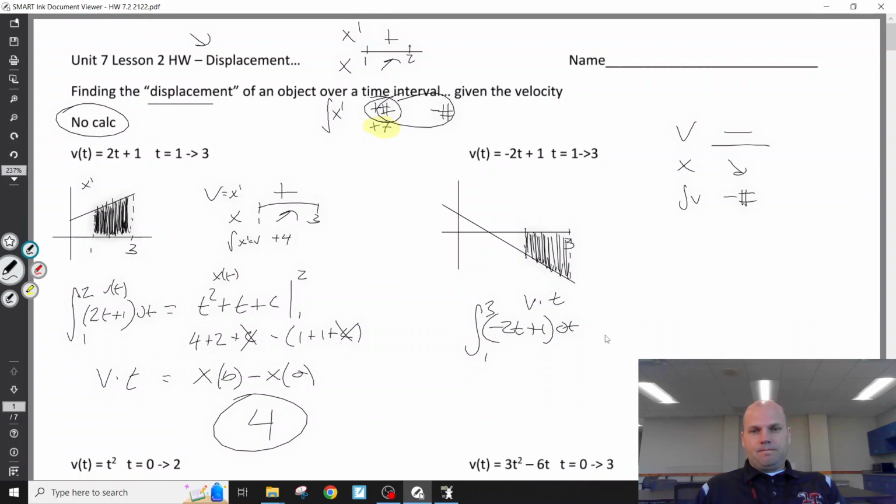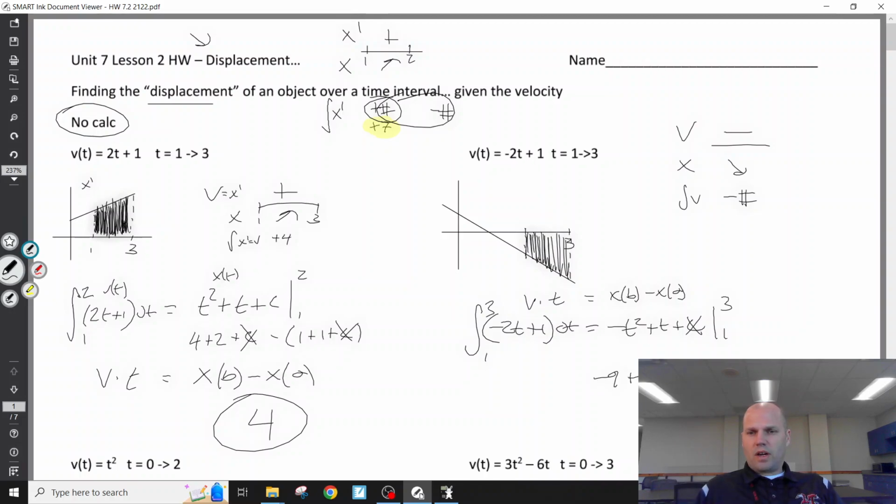We can't do that. Instead, we can take an antiderivative and plug in b and plug in a. So we take the antiderivative to get negative t squared plus t plus c. We will not need the c because it'll go away. I'm going to start skipping showing it. Plugging in 3, squaring it, I get negative 9 plus 3.